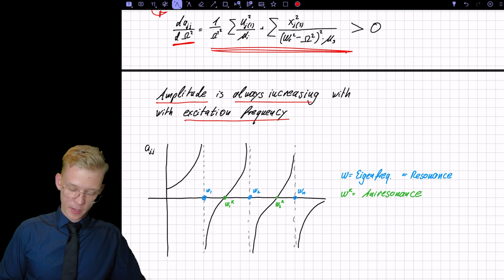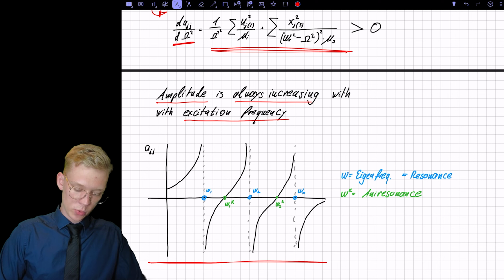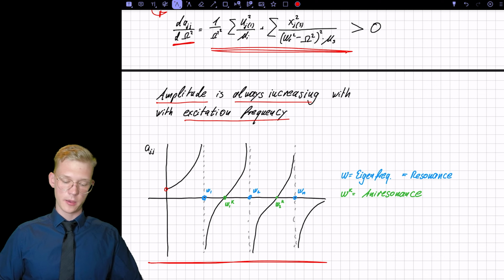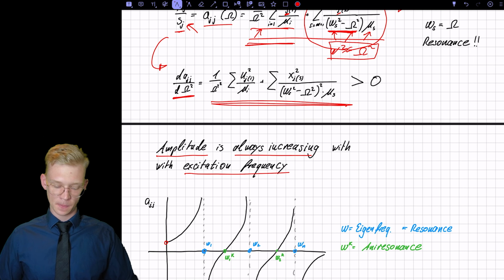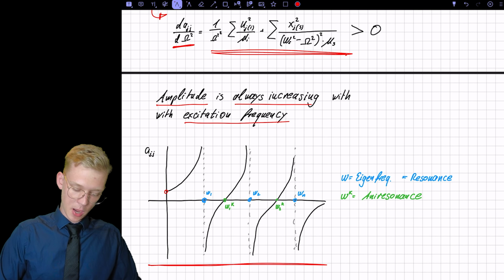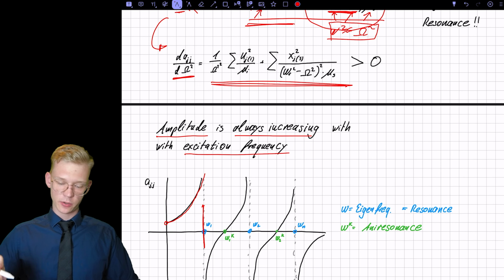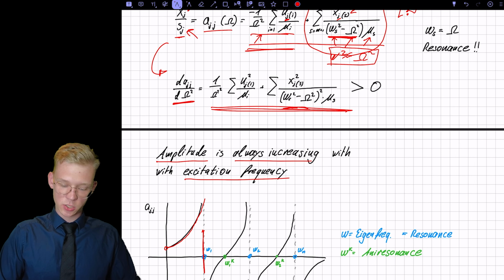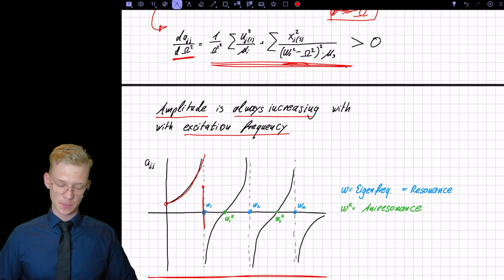So here we have this frequency response function graph. We start at a fixed point, and that point is because we have rigid body modes, and our frequency response goes up, up, up, up, till the point where we hit our first resonance, so where the excitation frequency is equal to the eigenfrequency.